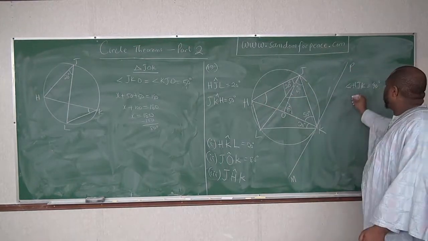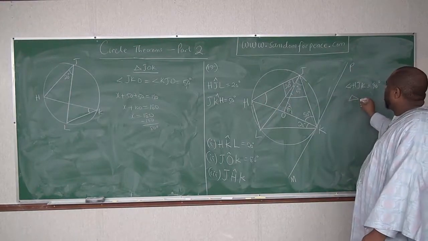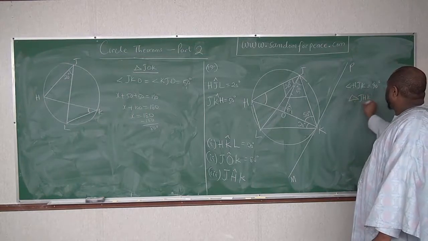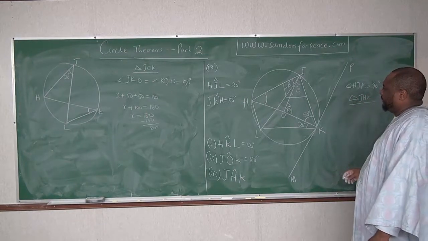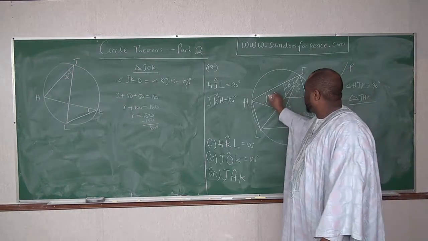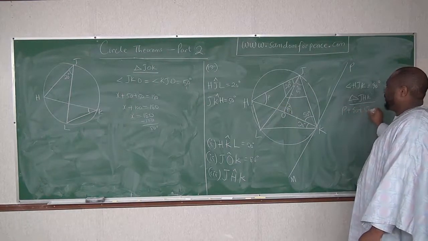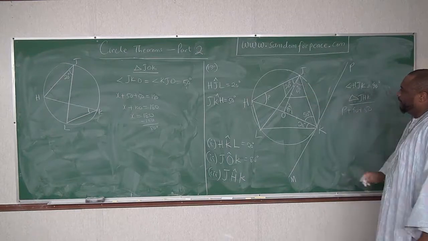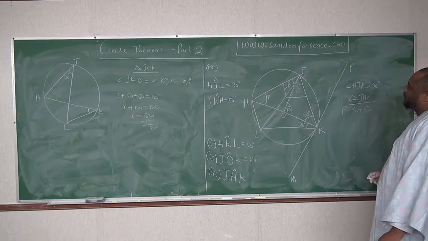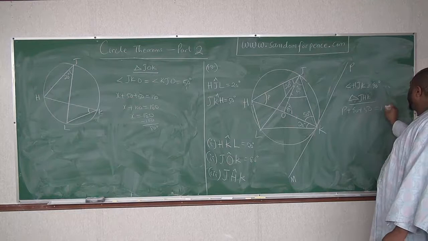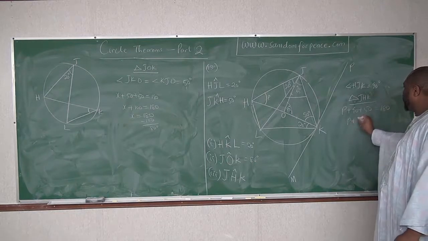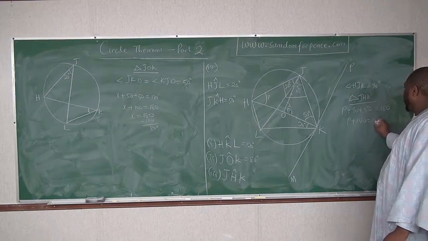So now considering triangle JHK, if we call this P, P plus 90 plus 50 is equal to 180. So P plus 140 is 180.